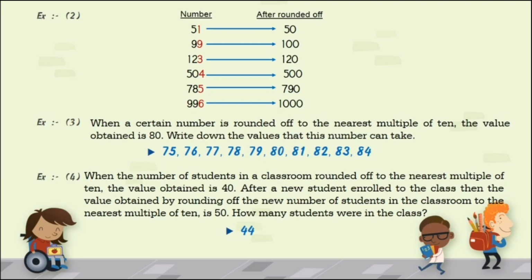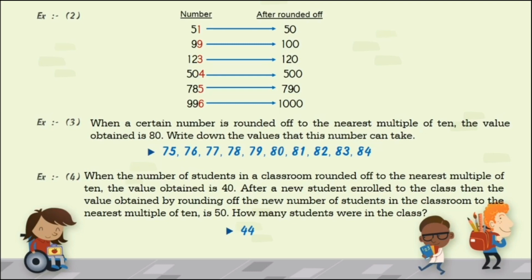Next example. When the number of students in a classroom is rounded off to the nearest multiple of 10, the value obtained is 40. After a new student enrolled in the class, the value obtained by rounding off the new number of students to the nearest multiple of 10 is 50. How many students were in the class?